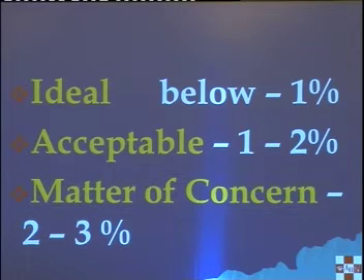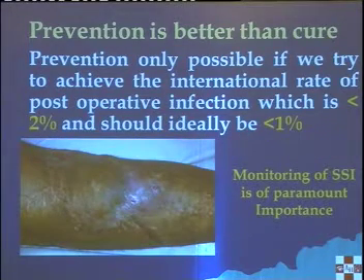We did some national survey on this, and you would know that in the majority of hospitals in the country, in India, where I can say there is a reasonable standard of operation theatre, the infection rate is between 2 to 3%, and not less than 1%. Prevention is always better than cure, it is well said, and therefore you should always try to have a very high level of standard.